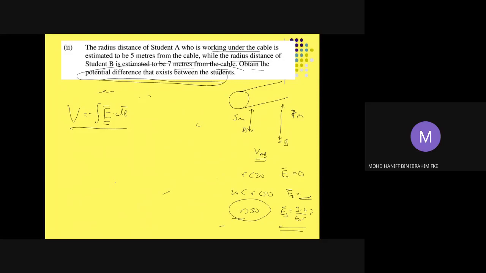Okay, so now we just set the potential V as the negative integration.